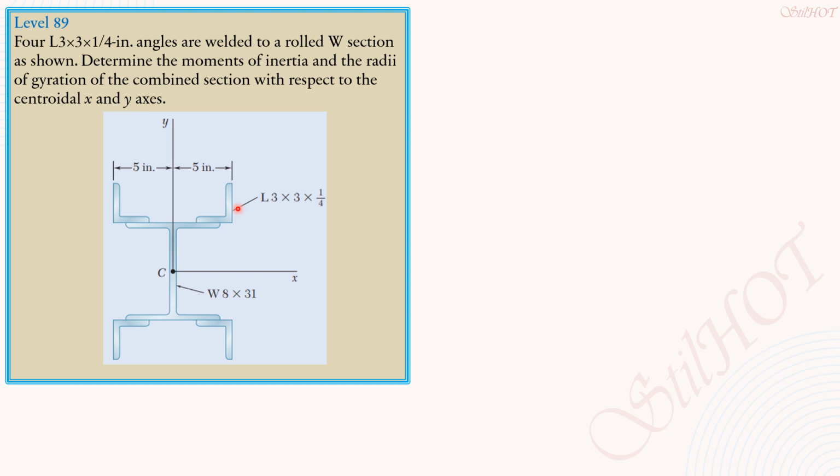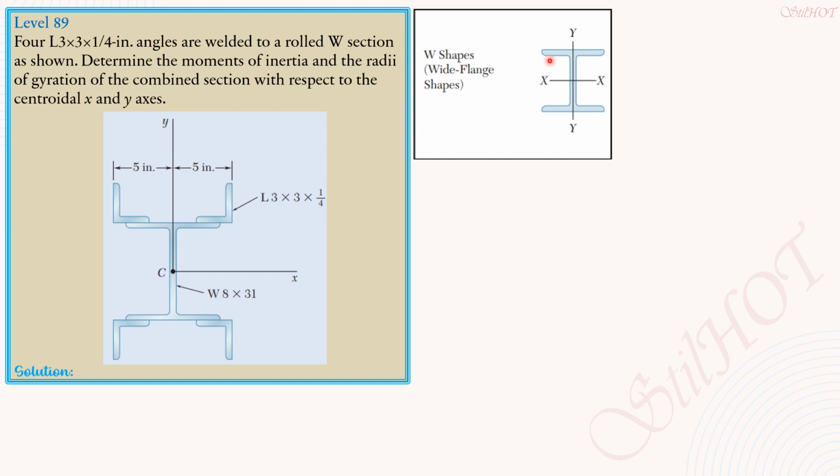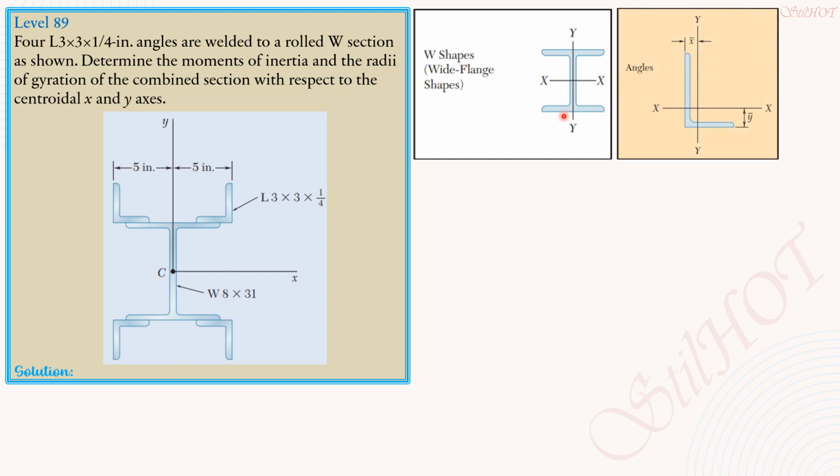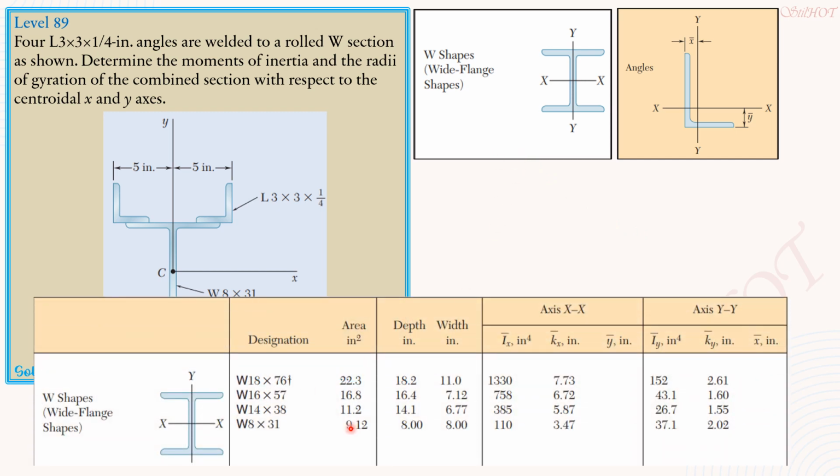So they are provided. For the wide flange and the angle orientation, no problem with angle orientation because the legs are equal. Therefore, bar x, bar y equal. I bar x, I bar y would also be equal. So for the wide flange section, this is the table and it is W8 by 31.